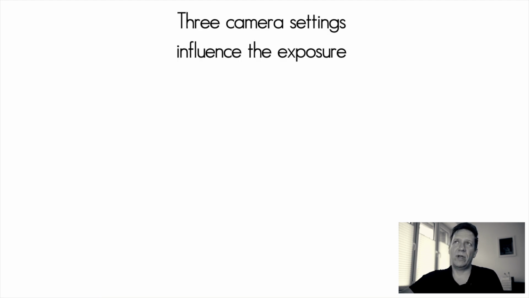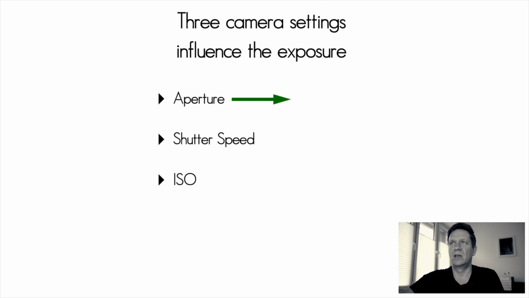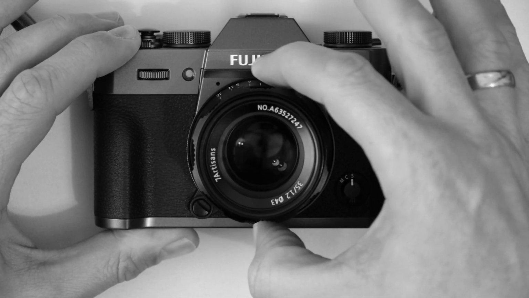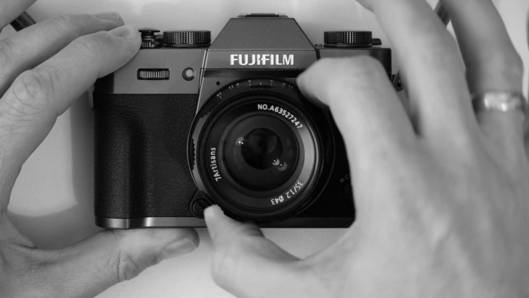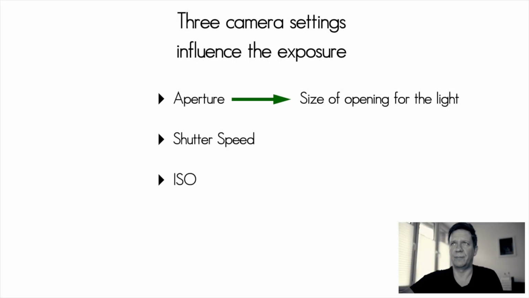So we have three camera settings that influence the exposure. First of all, there is the aperture. Then there is the shutter speed. And we have the ISO. The aperture is the size of the opening for the light. You can see it in a camera. Depending on which aperture you choose, the opening will be bigger or smaller.